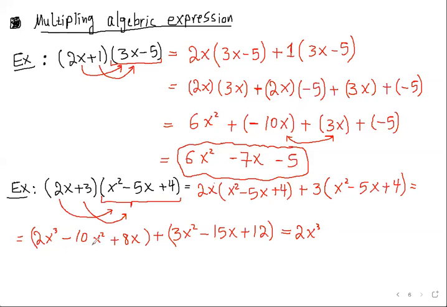We have x to the power 2 and x to the power 2 here, so minus 7x squared. And the x, we have plus 8x and minus 15x, that's minus 7x. Okay, plus 12. Makes sense?